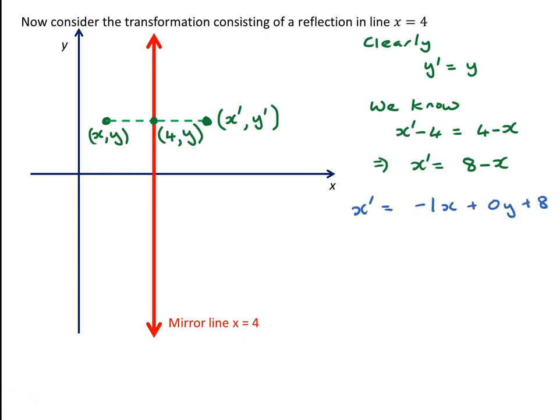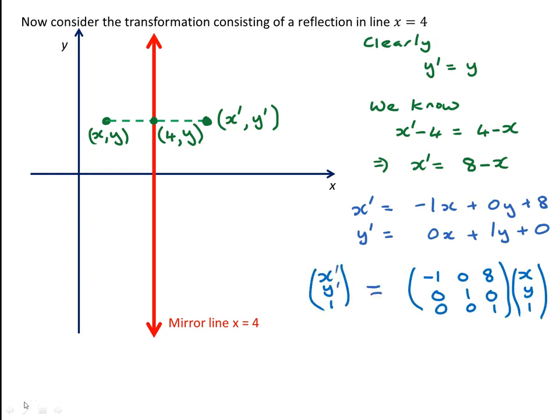So we've got x dash is minus 1x plus 0y plus 8, and y dash is 0x plus 1y plus 0. And this means that we've got the matrix representation for the reflection of x dash y dash 1 equals the matrix minus 1, 0, 8, 0, 1, 0, 0, 0, 1 times by x, y, 1.